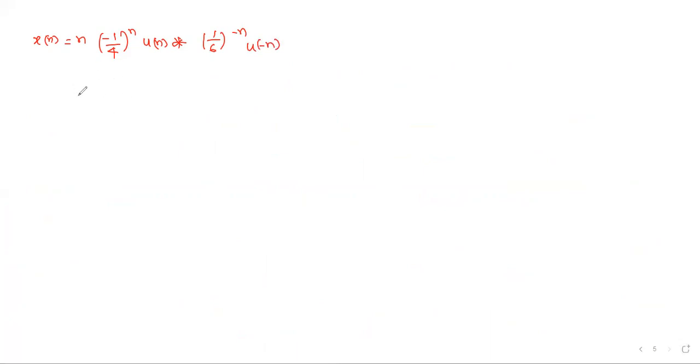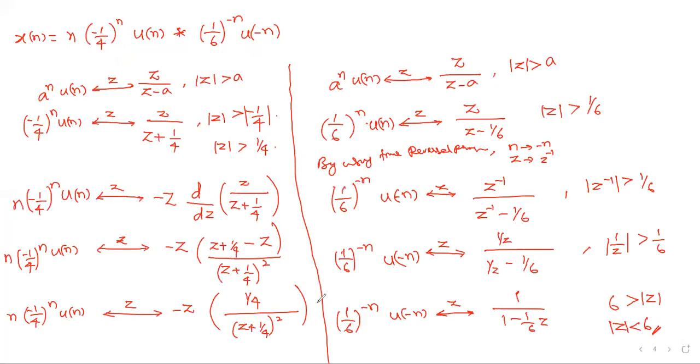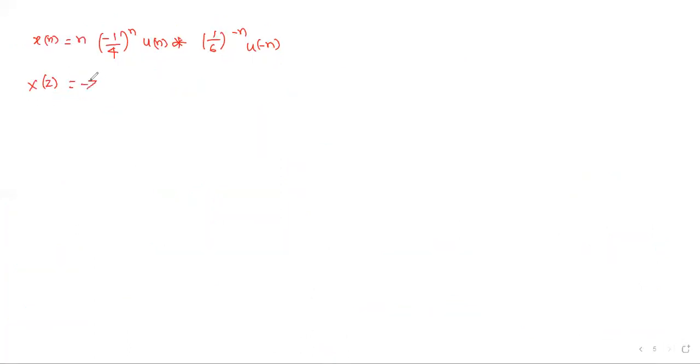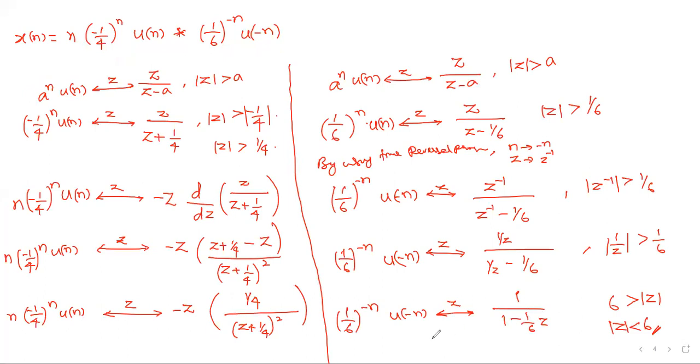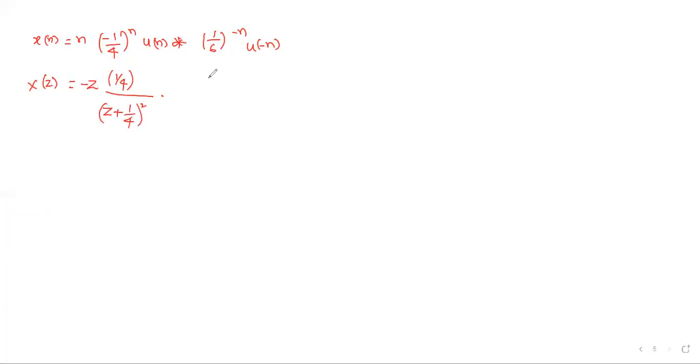So what will x of z become? Convolution in time domain results in multiplication in frequency domain: minus z into 1 by 4 divided by z plus 1 by 4 whole square, into 1 divided by 1 minus 1 by 6 into z.